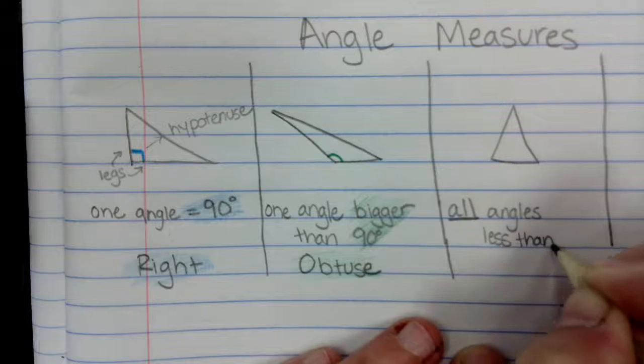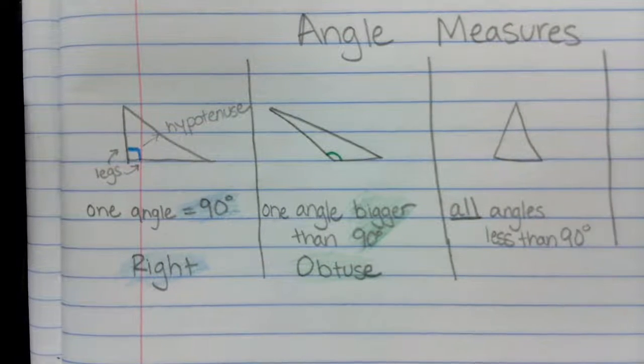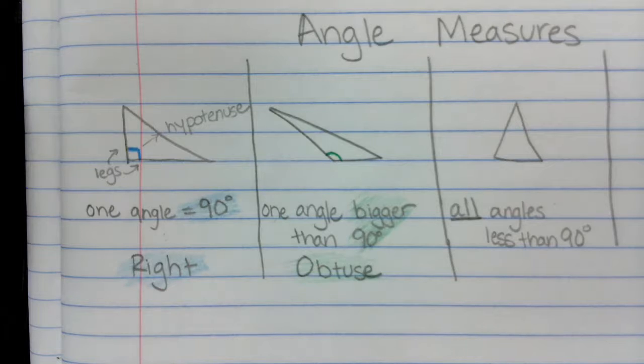So all three angles have to be less than 90 degrees. That's called acute.